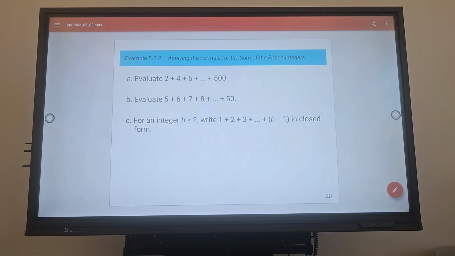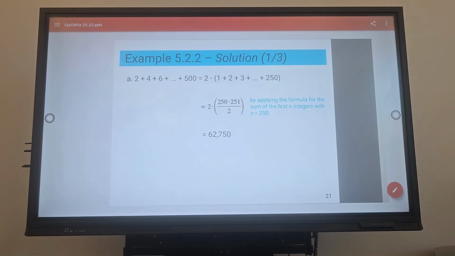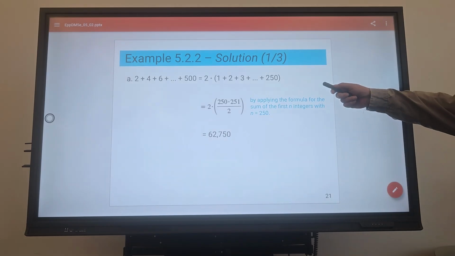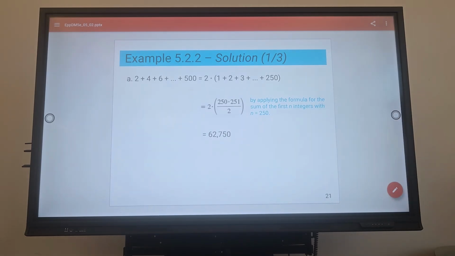You can evaluate the second one by taking the sum of 1 through 50 and subtracting the sum of 1 through 4. And C, like I said, factoring out the 2 and making n 250 gives you 62,750.